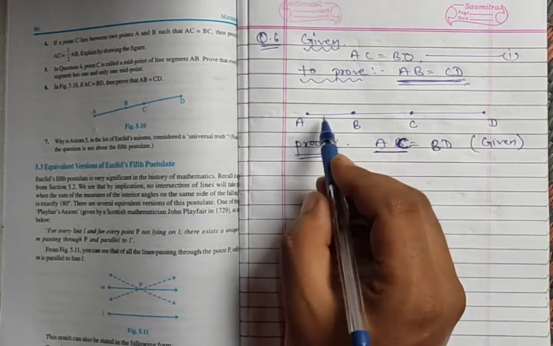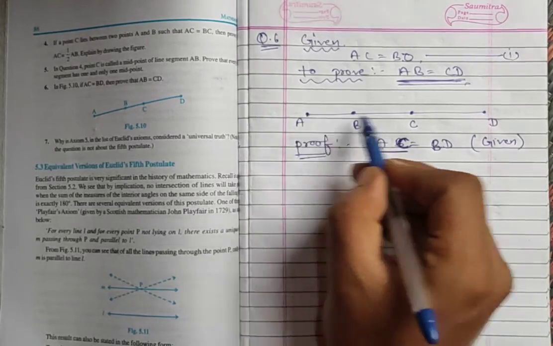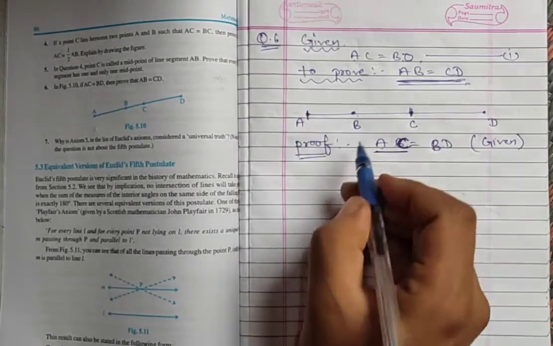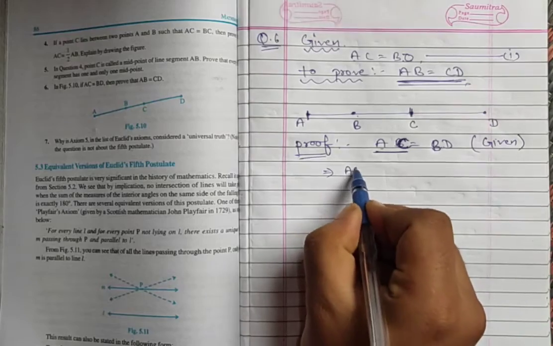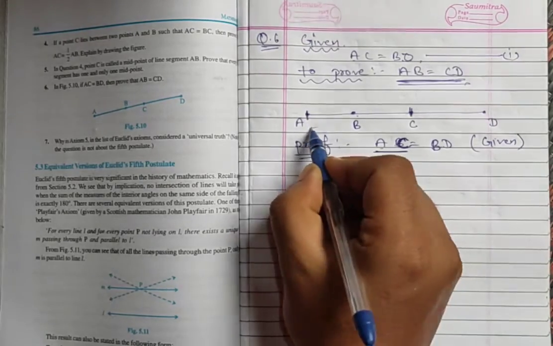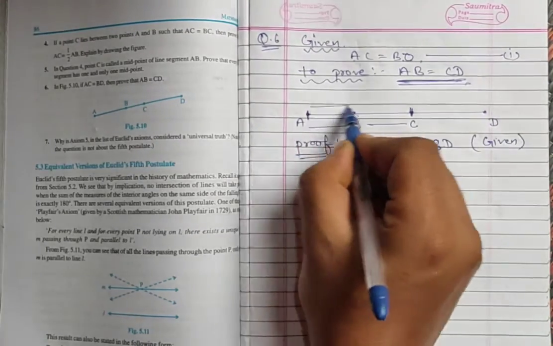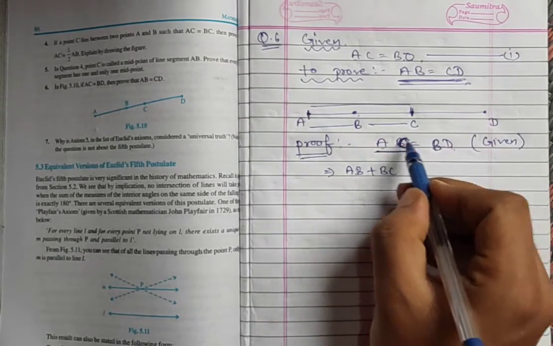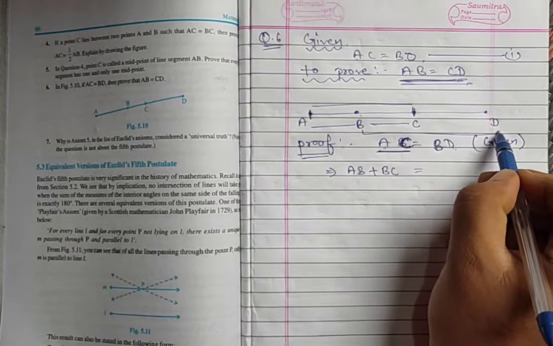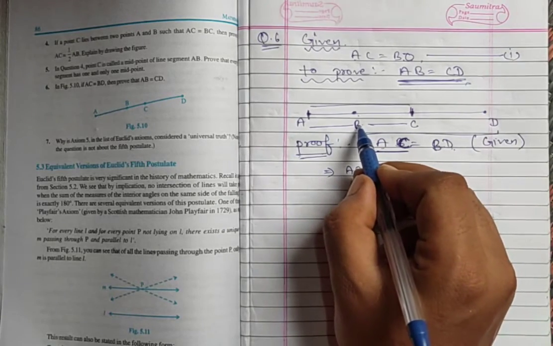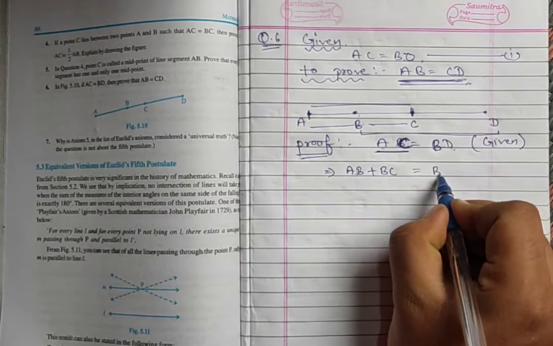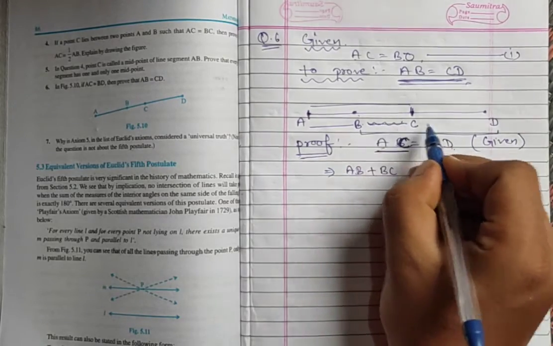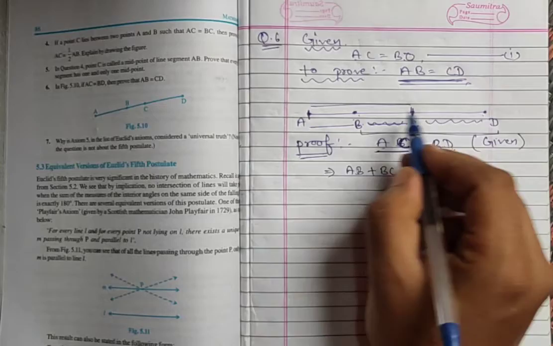Now in the diagram, from there to there is AC, so in place of AC we may write AB plus BC, because AB plus BC equals the whole AC. Similarly for BD, from there to there is BD, so for BD we get BC plus CD, if we add this and this to get the whole BD.